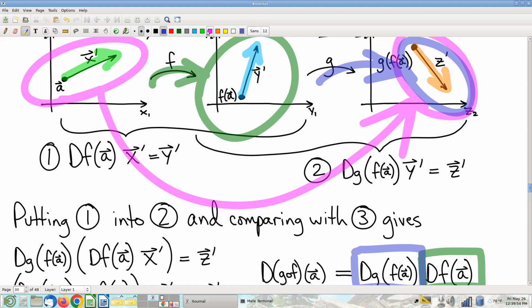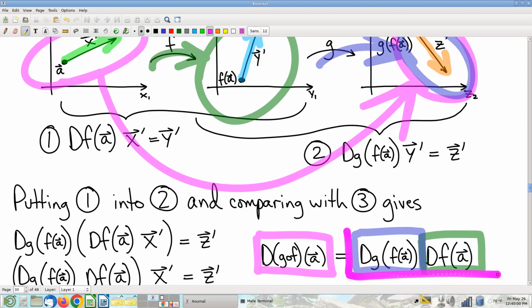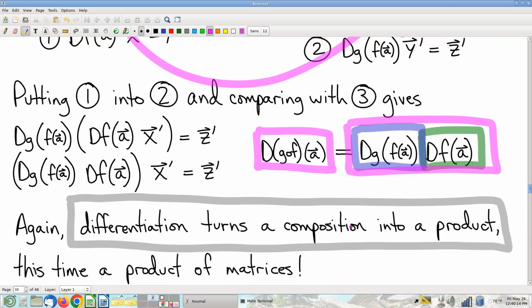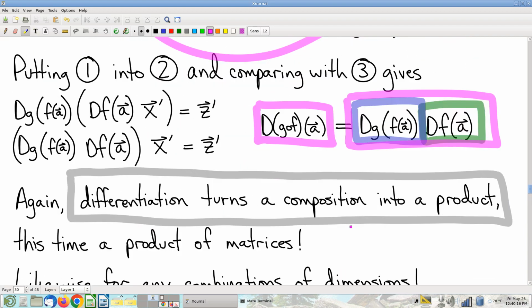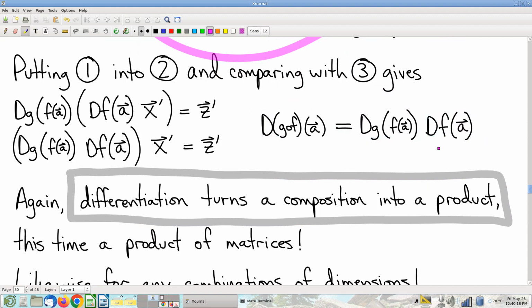So, altogether, the thing that you multiply by x prime to give z prime is this product. This time it's a product of matrices instead of a product of scalars. But strategically, it's the same idea. Okay, which then gives us the same sort of rolling off the tongue summary of this process.